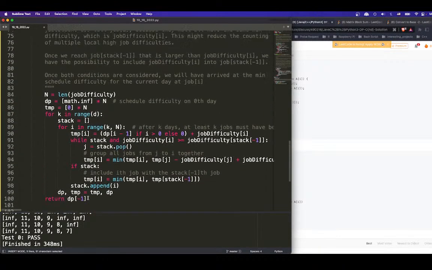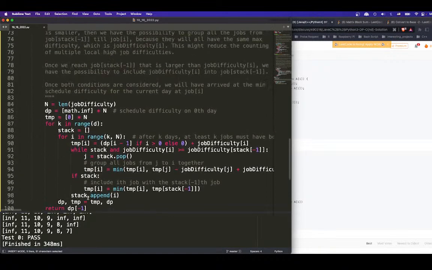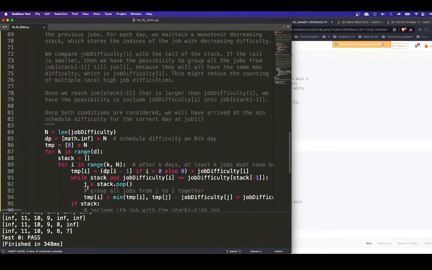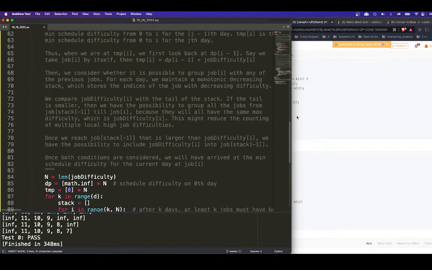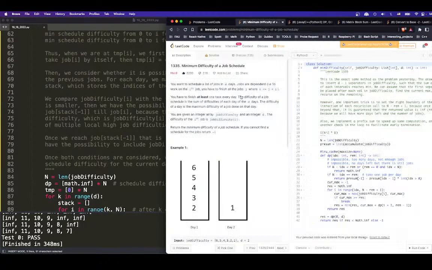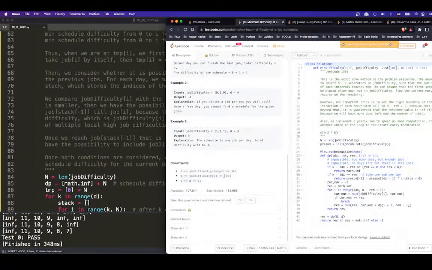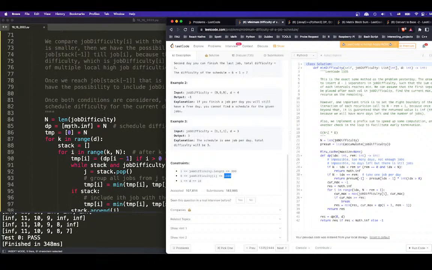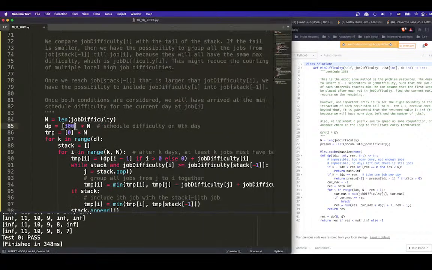Maybe we can use a really large value. We can actually see what's the largest difficulty. 10,000, so it's 10,000 times 300, that's 300,000. So we can use 300,000, and then go back to our implementation of times int(i larger than 0).